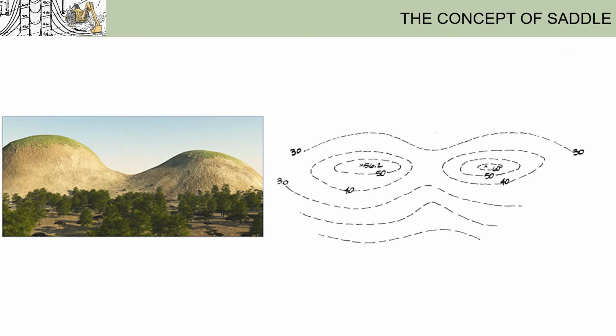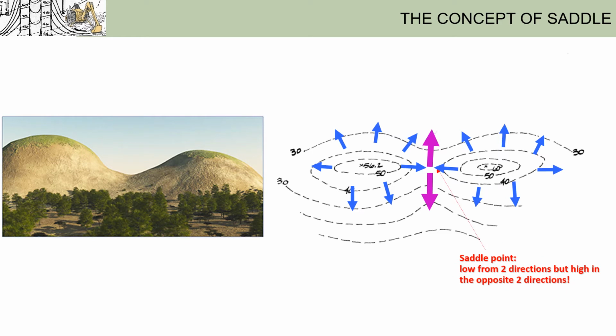Now let's revisit a topographic concept that we learned in our first lecture, a saddle. We talked about that a saddle has two summits with a low area in between, and in this low area, water drains from the two summits to the middle and then runs downhill in two directions, as shown by the purple arrows.